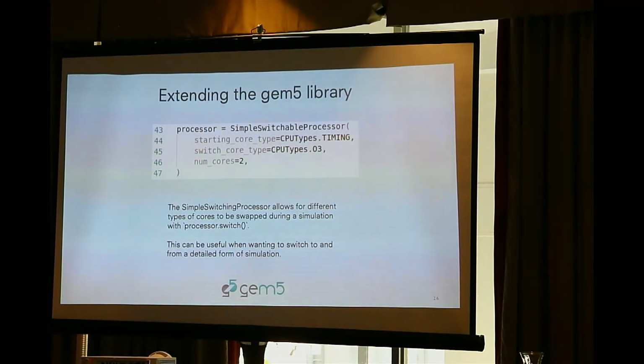In that case, you would set the starting core CPU type to KVM, and then you'd switch. So you basically run the simulation on your host system up to that point, and then you switch to a simulated core. I'd really like to demonstrate that, but it requires virtualization that isn't enabled on Codespaces. And actually, it's not even enabled on all hardware in general.